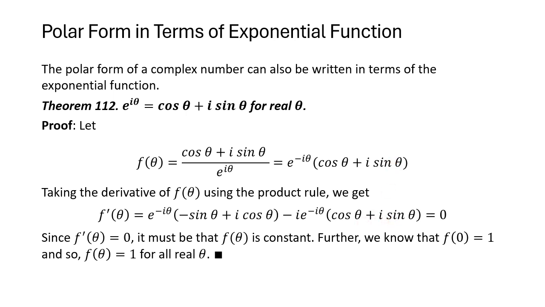And interestingly enough, when you reorder these, keep in mind that when you multiply I times I, you get minus 1. So these all cancel each other out and you get 0. If the derivative of a function is 0, it must be that the function is constant. And we also know that f of 0 is 1.